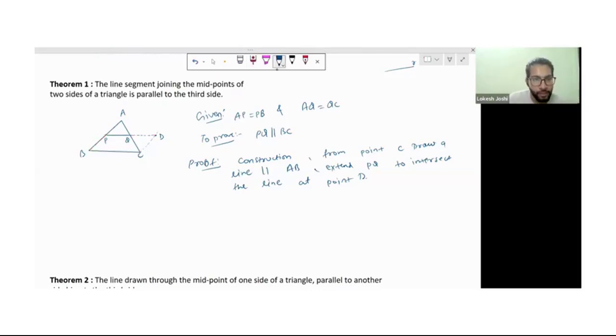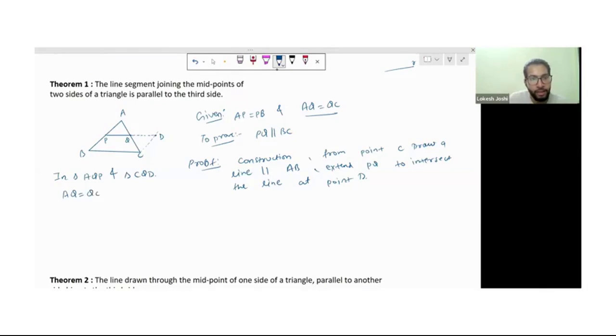Now look into the triangle AQP and triangle CQD. As Q is the midpoint of AC, we have AQ is equal to QC. It's given in the question.